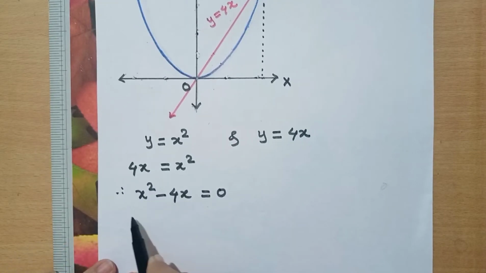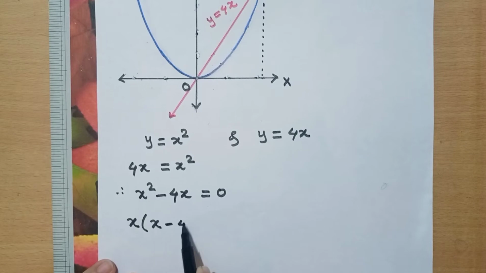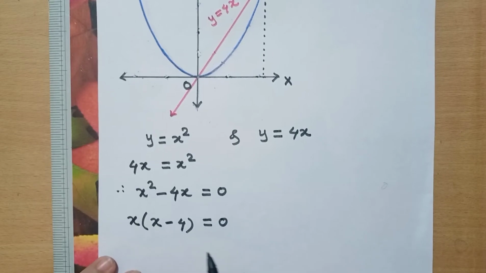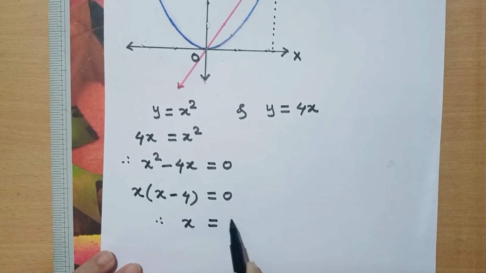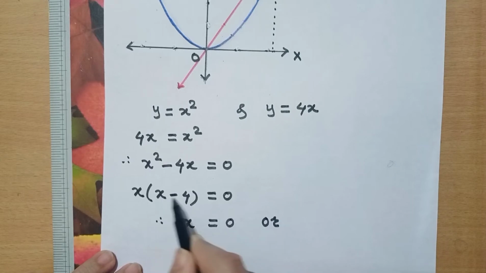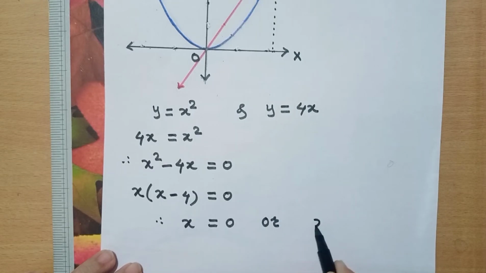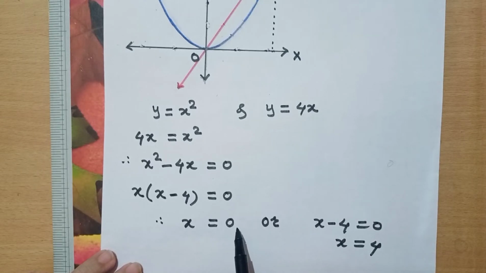And from these two terms we will take x common, and x remains from this, minus 4 equal to 0. And again product of these two equal to 0. That means either x is equal to 0 or x minus 4 equal to 0, means x is equal to 4. So value of x is either 0 or x is equal to 4.